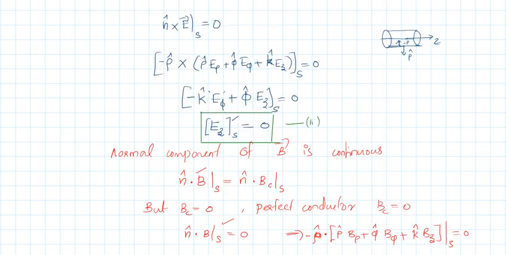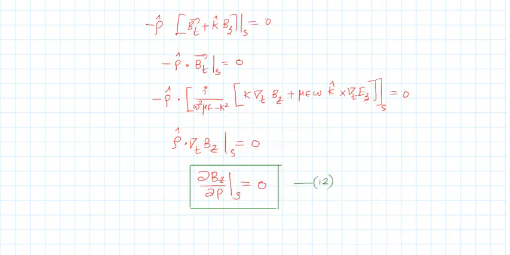BT is rho cap B rho plus phi cap B phi plus k cap Bz, at surface equal to 0. If you take this dot product, you can see that minus rho cap dot k cap is 0. So you will not get the boundary condition for Bz from here.